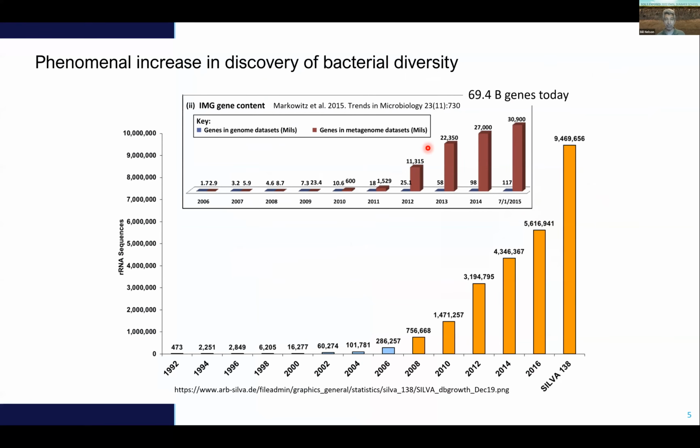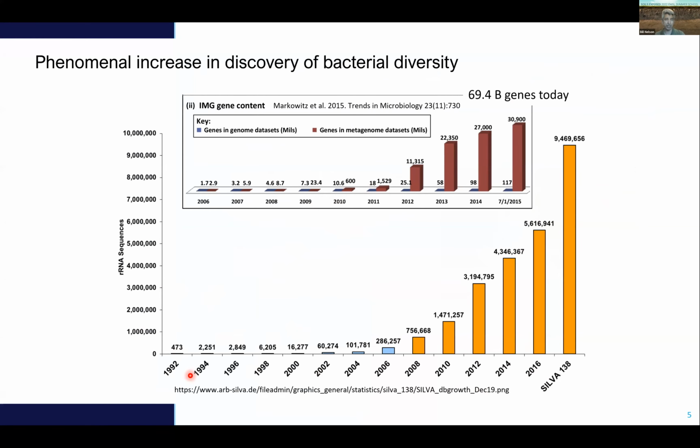The amount of sequencing with the development of next generation sequencing drove this into a completely different gear. These are two graphs that are showing the content of two different databases. So this one down here is the SILVA database, which is a database of 16S ribosomal RNA genes.